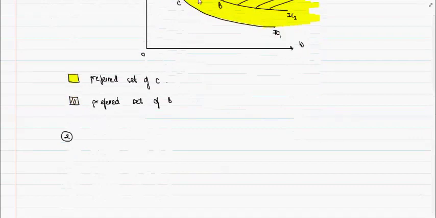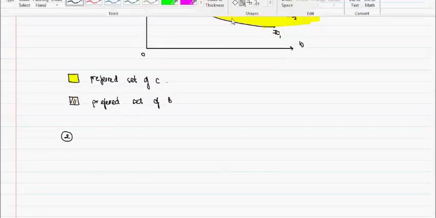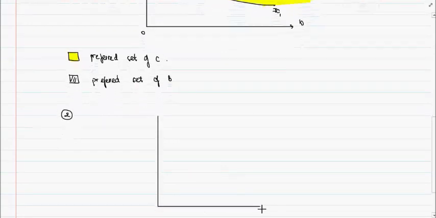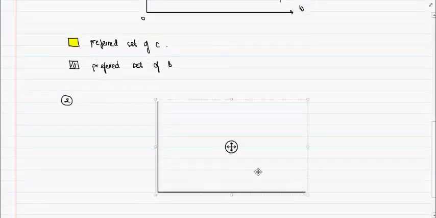Okay, so I'm going to show you in a little diagram over here. What I have is similar to before, where I have C over here, B here, and 0 here.